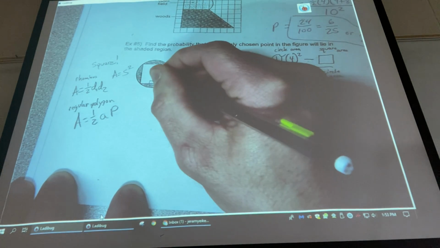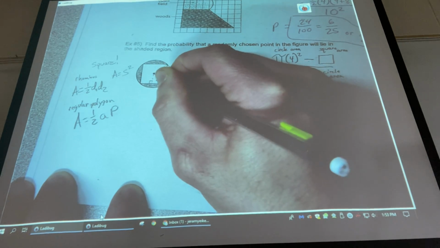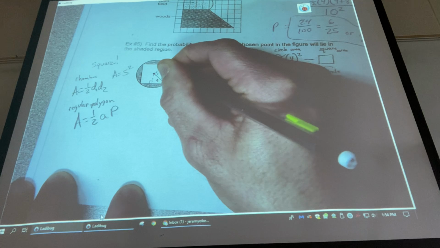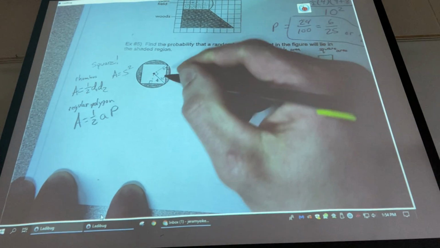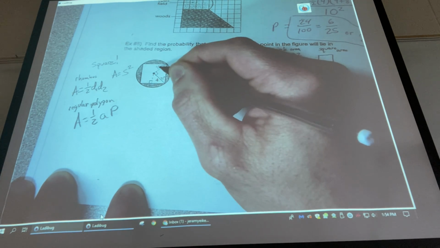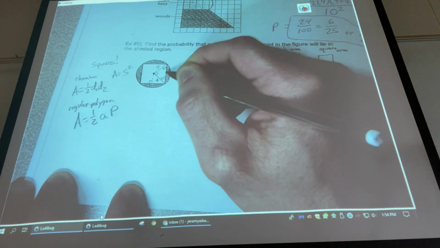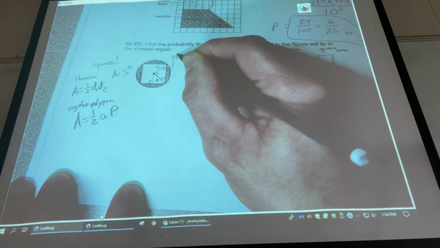But you could also do one of these right here and make a big 45, 45, 90. And you could get the side length pretty quick. If the legs are 4, what would this side have to be? Oh my gosh, you're right.